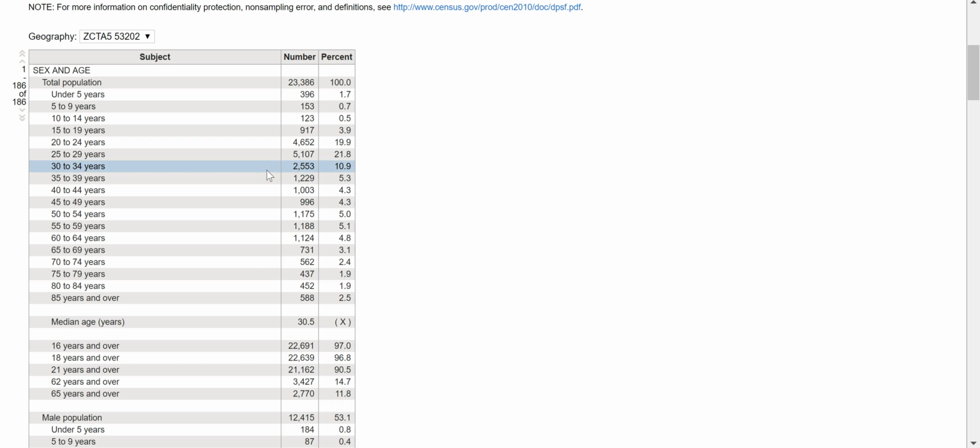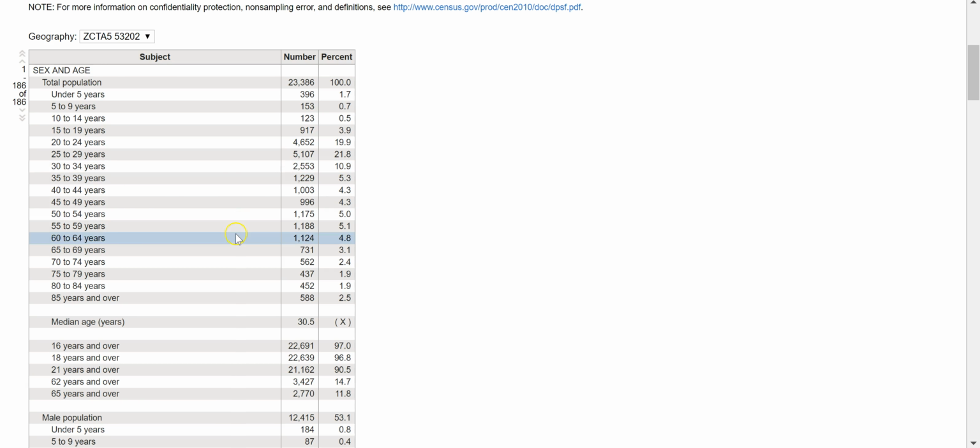So for instance, in Sherry's case, she is thinking that one of her markets might be 25 to 34 years old. So we can see that approximately 32.7% of the population in 53202 is within that age range. And then the aggregate number of these two age ranges added together is here.